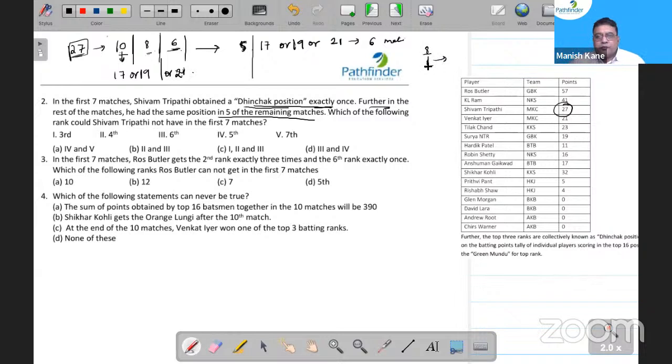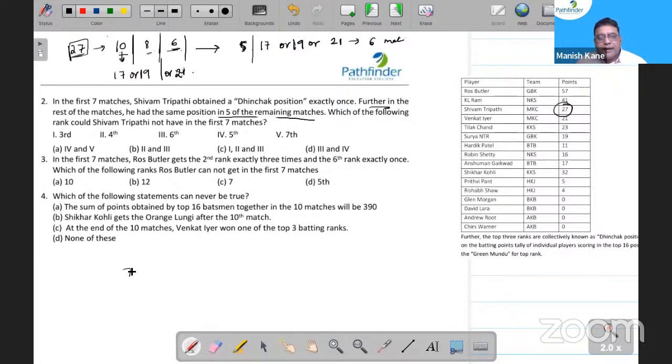If the score is 1 in 5 matches, then his total in 5 matches will be 5 points. 17 minus 5 will give you 12 points. So there is no way he can score 12 points in the remaining match. Similarly, if he has 19 points to score, 19 minus 5 will give you 14. There is no way he can score 14 either. Correct? And if he has to score 21 points, again, he cannot get the same rank of rank 8.